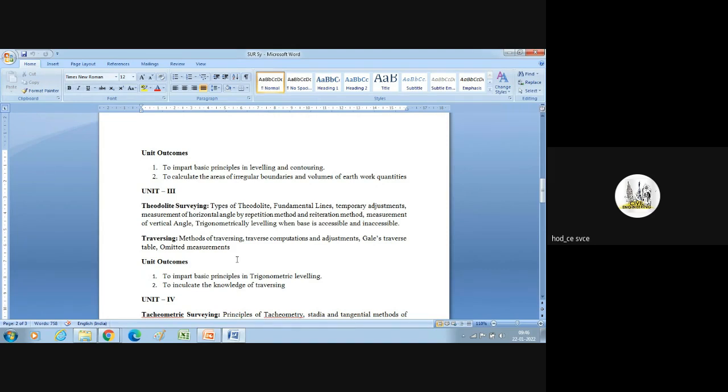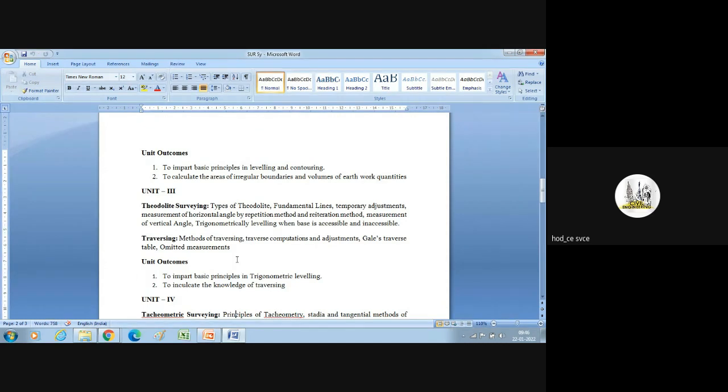How we are going to compute as well as adjust. Next, Gale's Traverse table. Gale's Traverse table means one author has given the complete table, where you mention what you have observed from the field within the respective columns, right?